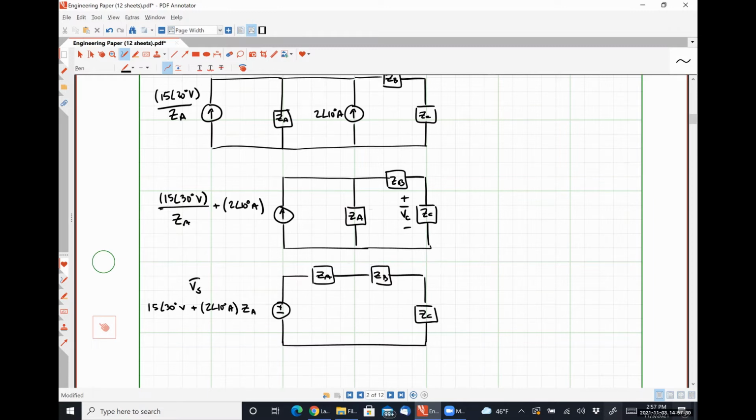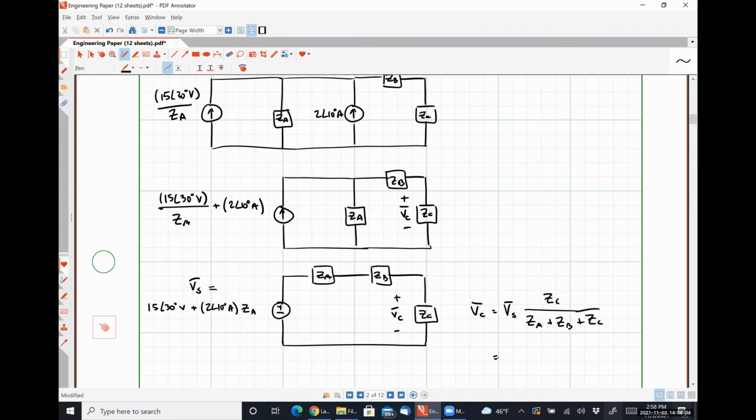And just for the sake of argument, I'm going to call this thing on the left-hand side VS. And we can see then that VC is just VS multiplied by ZC over ZA plus ZB plus ZC. And now let's plug those values into our calculator.